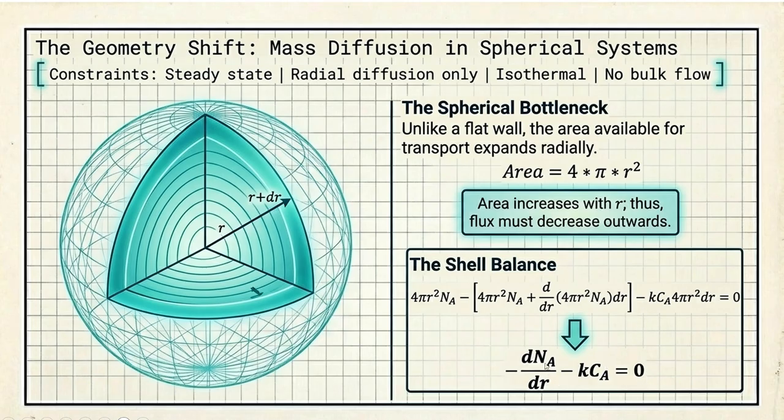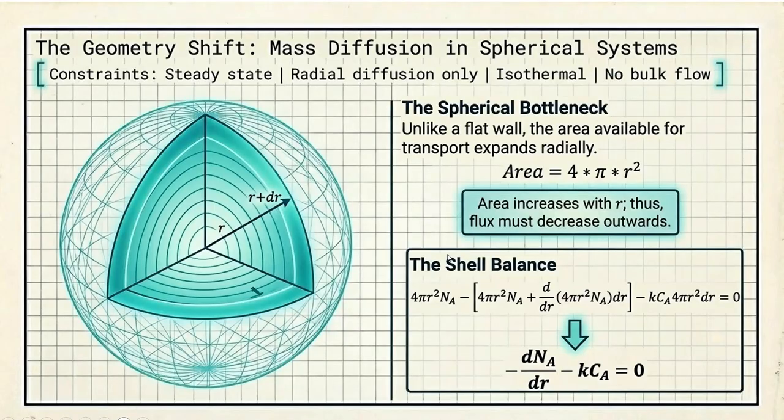Now remember this equation because now we will have two cases. Case 1 would be with no reaction. In no reaction, this term will get cancelled and we will only have minus dNA by dr. Case 2, we will have a chemical reaction and this term would still be there. So let us see.